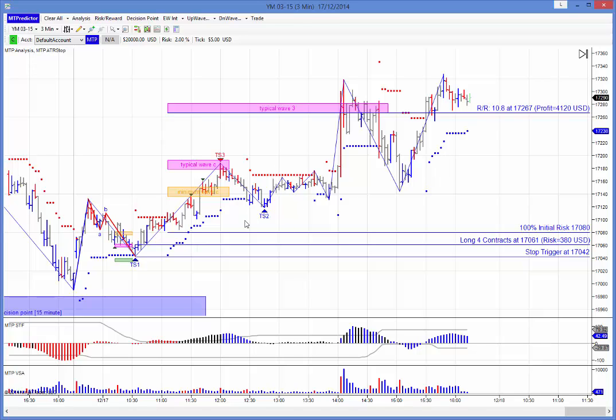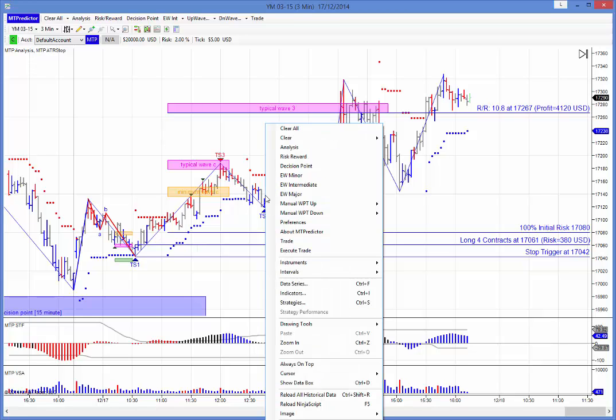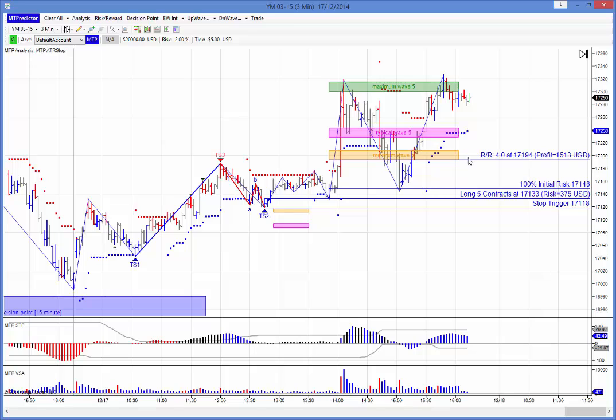For you guys who wanted to pyramid, there was another opportunity to take a pyramid here. So you could have put 10R in at that particular level, and if you wanted to then pyramid and come up to exactly the same level, which was around about there, you could have added approximately another 9R profit as well, as the market went up to that level on this TS2 buy setup.